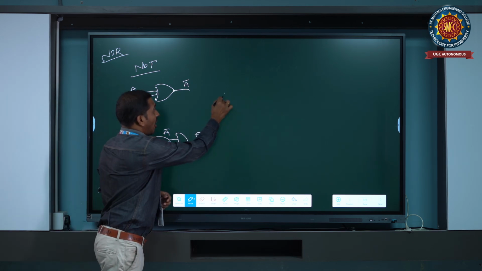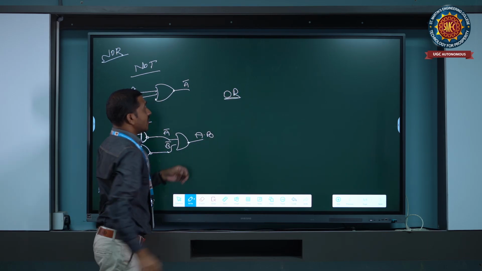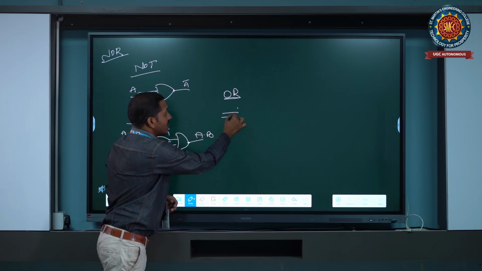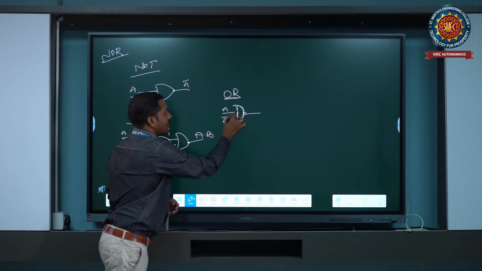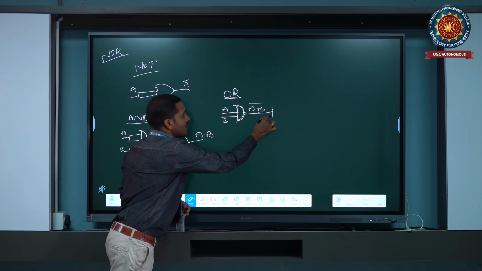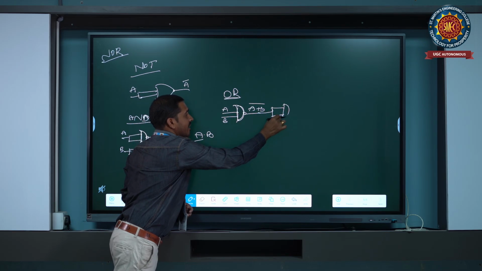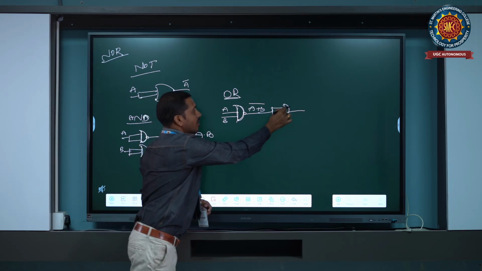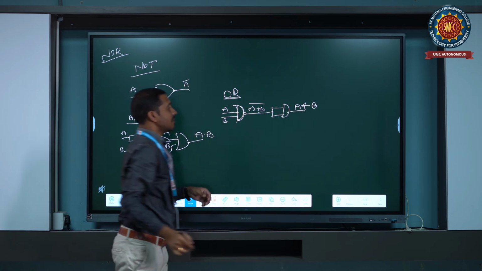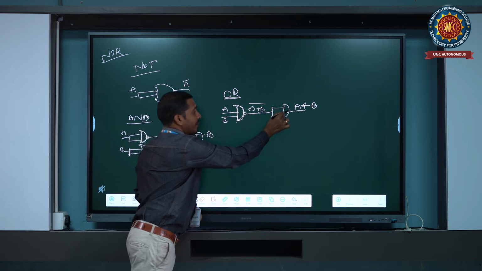Next one is OR gate. OR gate implementation using NOR gates. Using 2 NOR gates, a 2 input NOR gate and a single input NOR gate, it will produce the output A plus B. This is the implementation of the OR gate using 2 NOR gates.